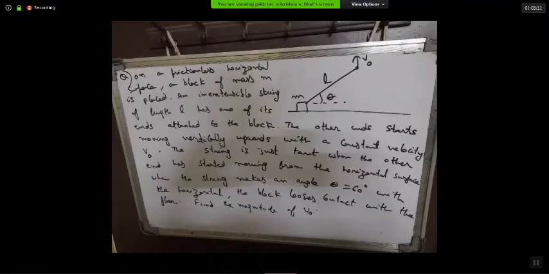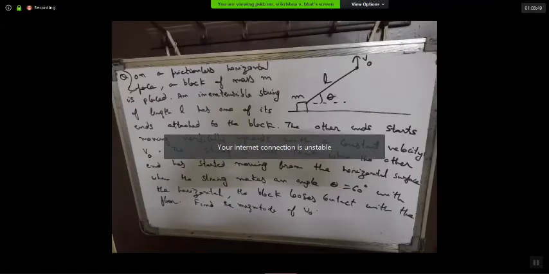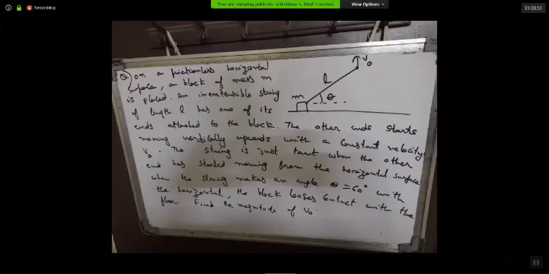Take the velocity of that block perpendicular to the string, and whatever velocity you get, you can use to find the centripetal acceleration. Yes, sir, and that we can equate, and we'll get one first equation from there.